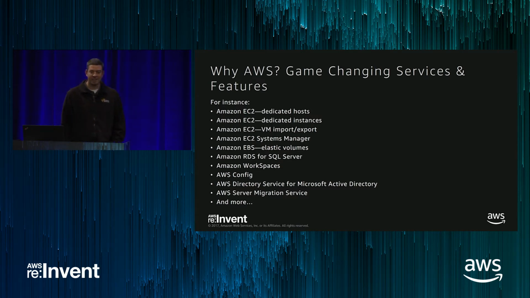AWS Directory Service for Microsoft AD. That is our managed directory service. If you are looking for a dev test environment and you don't want to spin up an EC2 instance, join a domain, create a new forest, give it a NetBIOS name and all that stuff, and then manage all of that, we provide you an option that will spin up 2 domain controllers in separate availability zones.